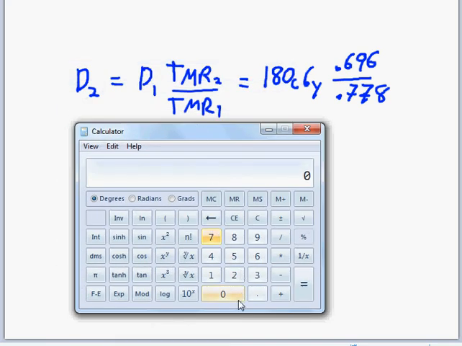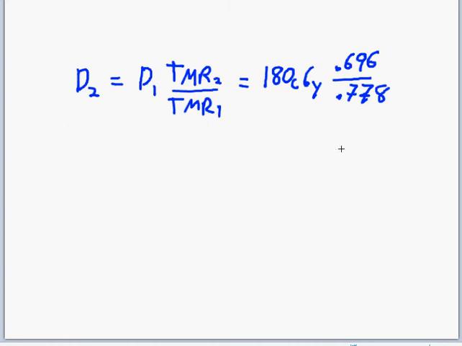So we have 180 times 0.696 divided by 0.778, and that equals 161, let's just call it 161 even. So this is equal to 161 centigray.